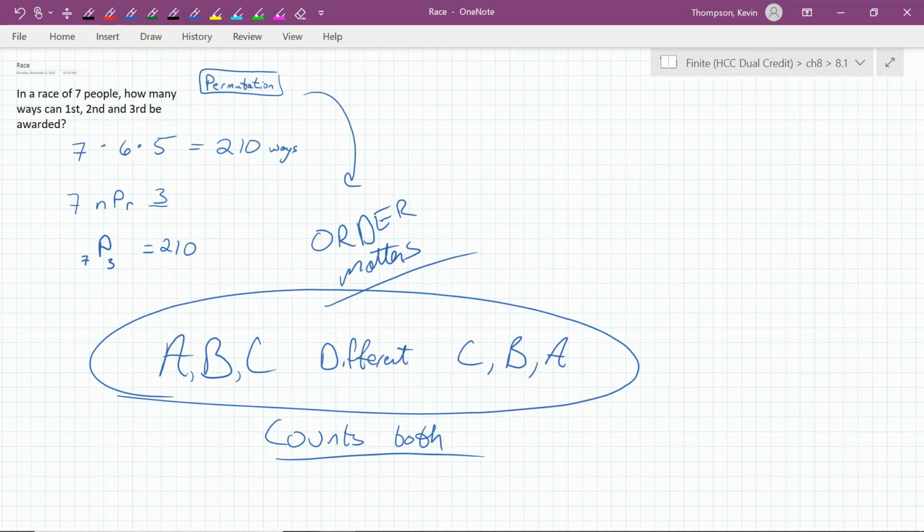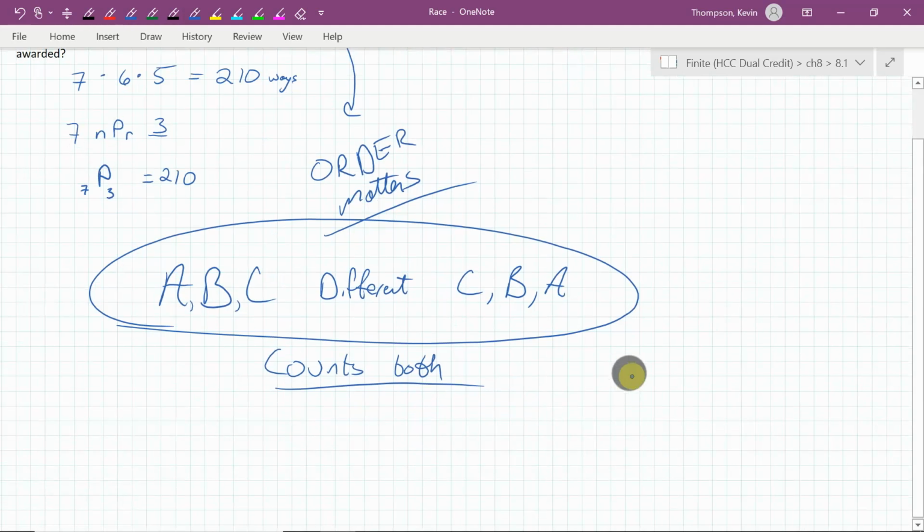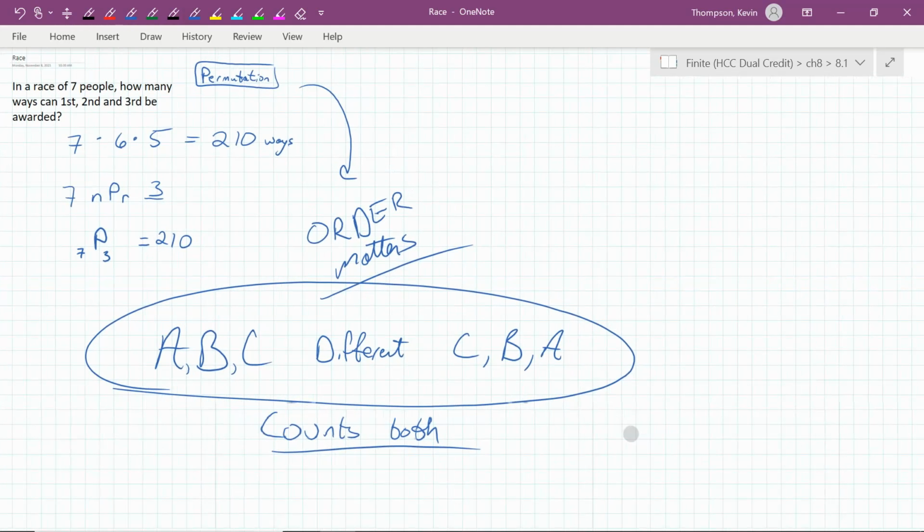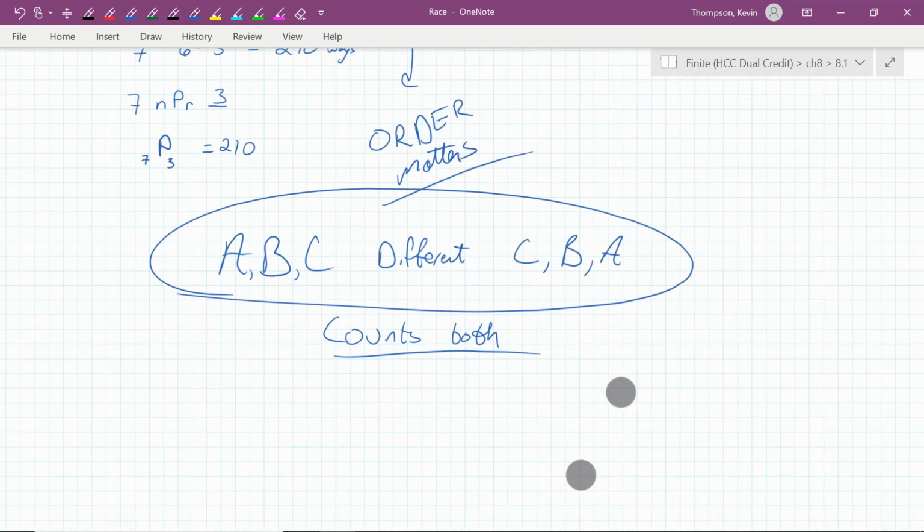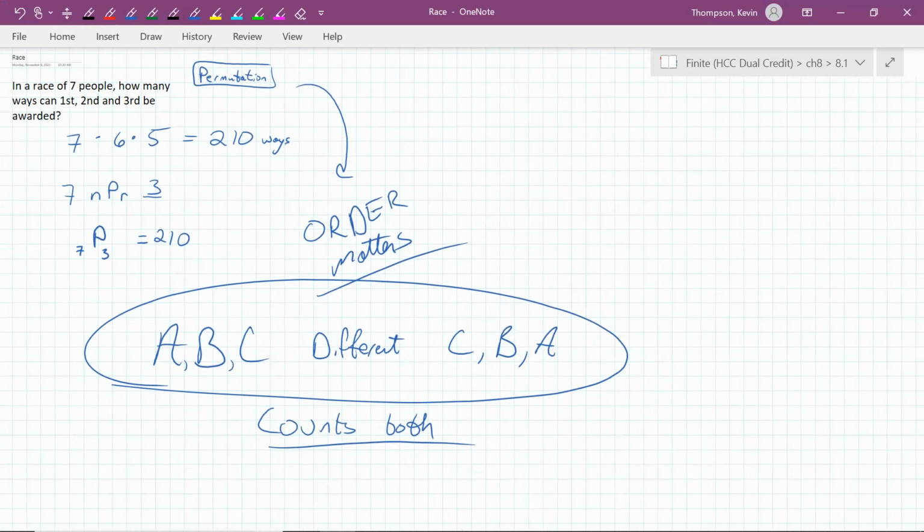So I want to give another example of a permutation. Wait, any questions on that before I slide away from it? Okay. So it counts these as different.